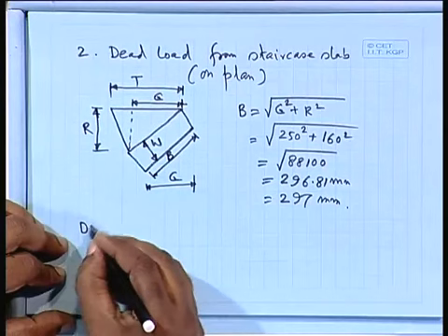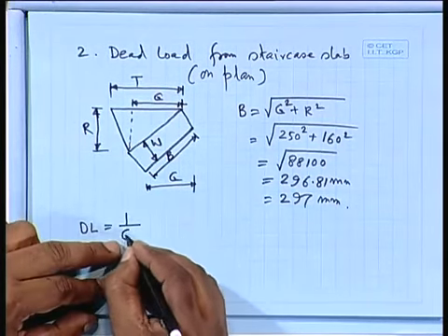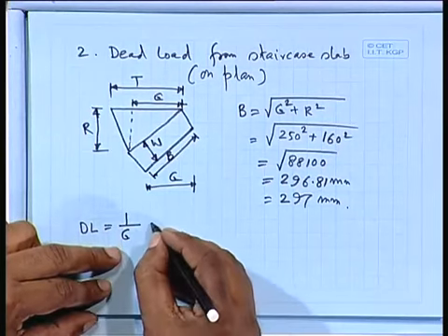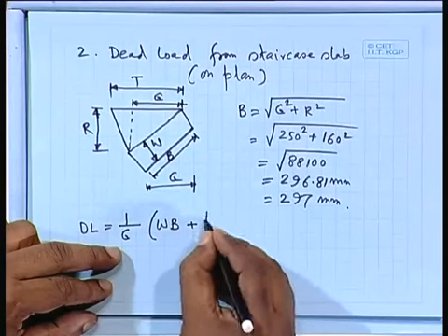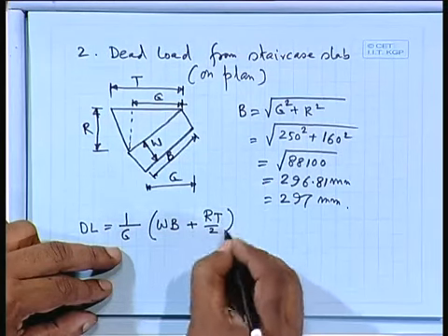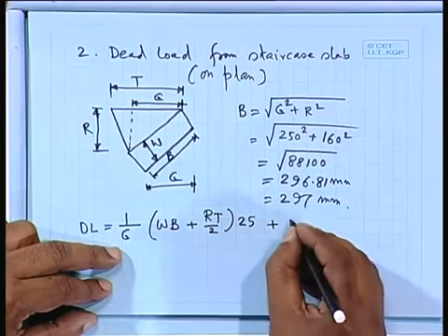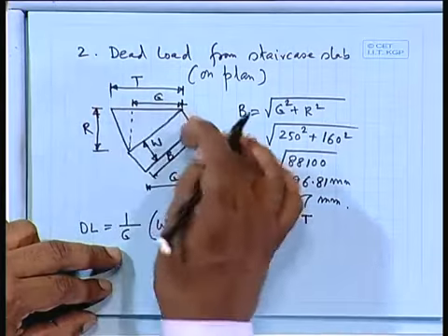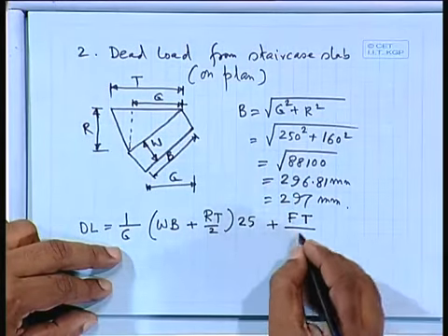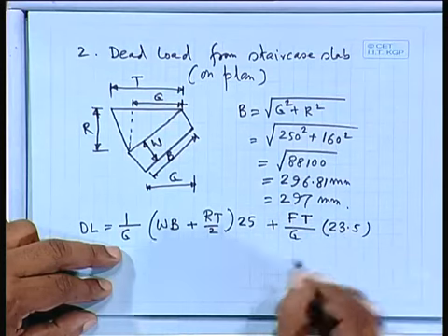Dead load will be per meter length of the horizontal one, 1 by G, we have already got it, WB plus RT by 2 times 25 plus F, the floor finish thickness, F times T, T is the tread because it is over the whole tread, divided by G times the unit weight 23.5.